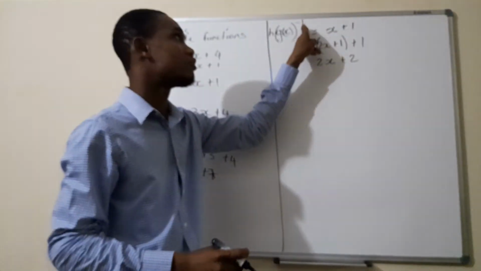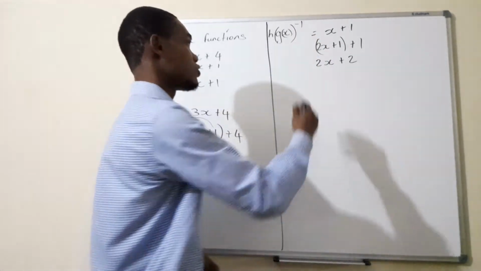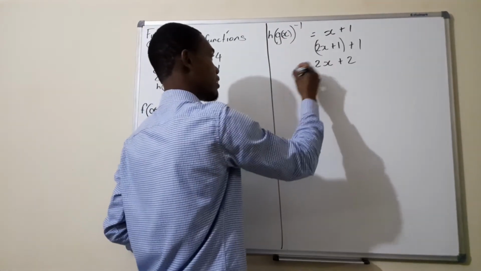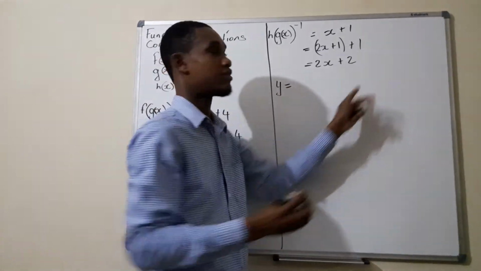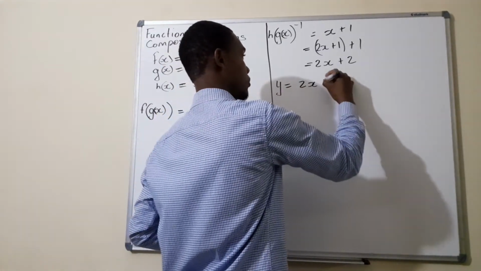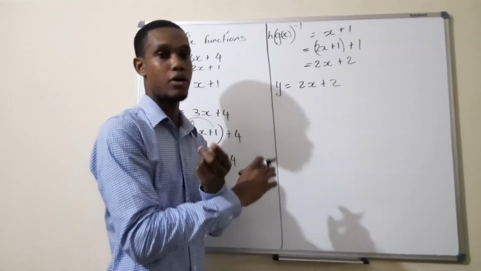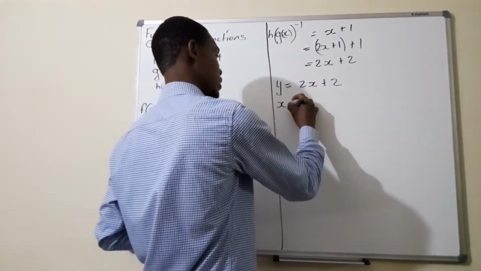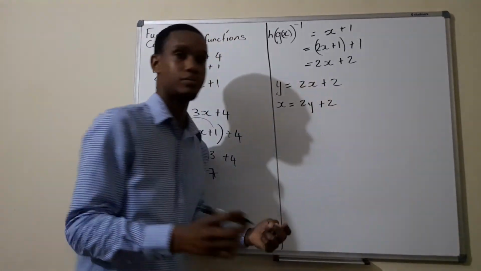But now it requires you to find the inverse. Now to find the inverse, you will have to replace this and write the letter y. So it will be y is equal to all of this, which is 2x plus 2. Just like with a normal inverse, you'll switch them around. So x is equal to 2y plus 2.